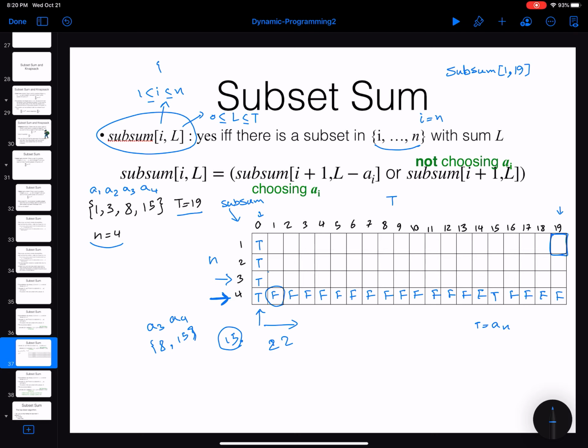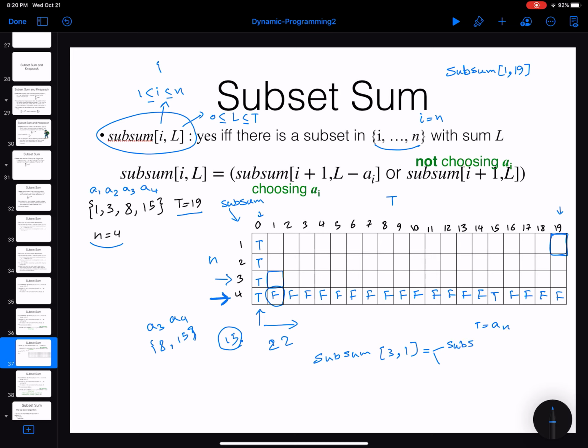So when you are actually solving this cell, you are looking at two cases. So what is that cell? That cell is subsum of 3. It means that you have access to the items 3 and 4, and the target value equal to 1. The recursive relation basically tells me that it's going to be true if any of these two cases is true.